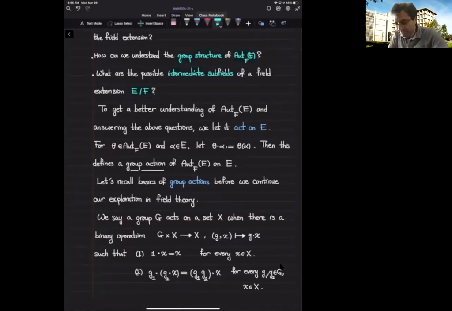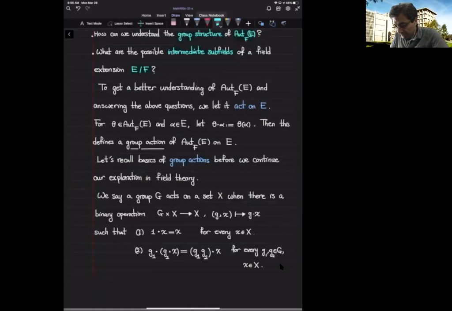You have to let it act, and that way you get a better understanding of the group. The group of symmetries of any object naturally acts on that object. In particular, the F automorphism group of E acts on E. So what does that mean? For every F automorphism theta of E and alpha inside E, theta acts on alpha, and that means I'm looking at theta of alpha. I get another element inside the field E.